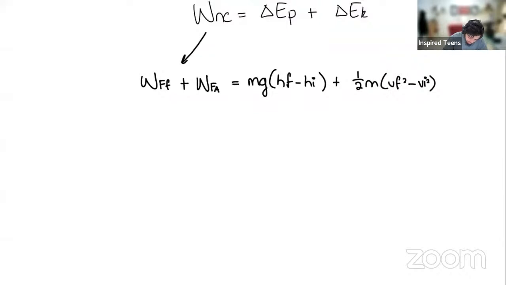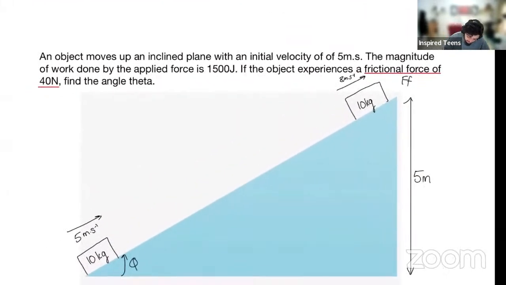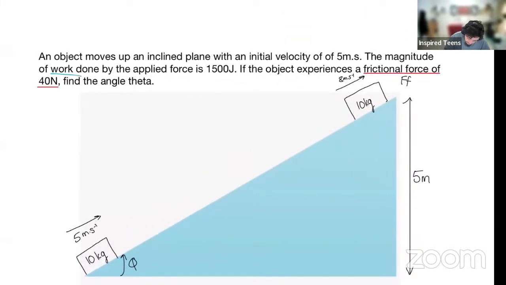So I can further open this up as work done by frictional force, times delta x times cosine theta, plus work done by the applied force. Now, the work done by the applied force is given. So do I need to open this up and say FA times delta x times cosine theta?